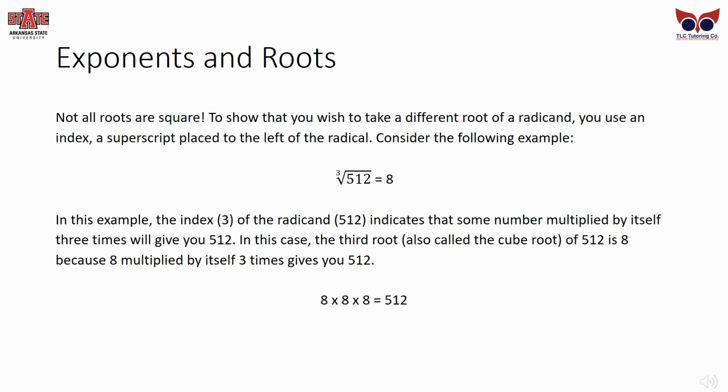To show that you wish to take a different root of a radicand, you can use an index, a superscript that is placed above the radical. Consider the following example.